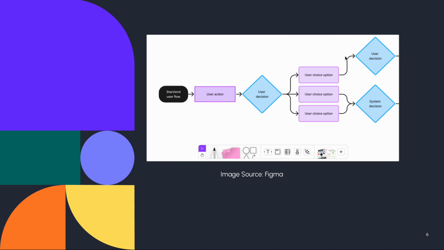Depending on the decision the user takes, a user decision is sometimes followed by another user decision or by a system decision, right?